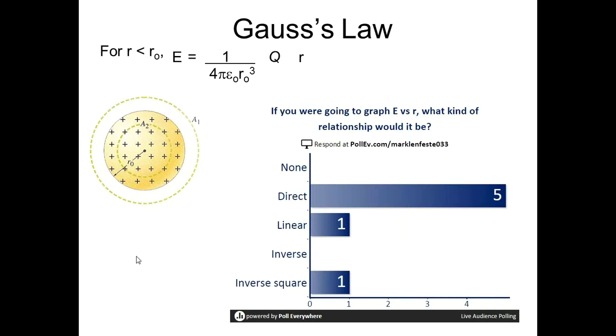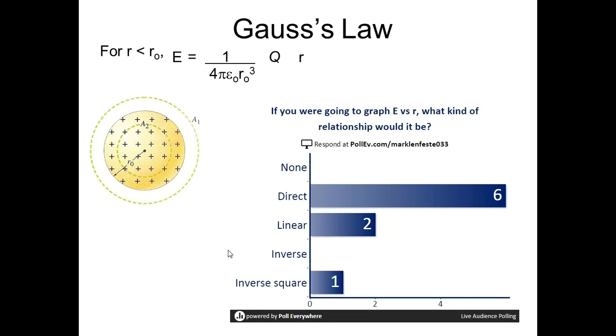Which is it? Is it direct or linear? Michael's saying there's no intercept. That's right. So it's direct. It is linear, but you can go more than that. You can say it's direct. This is a direct relationship.